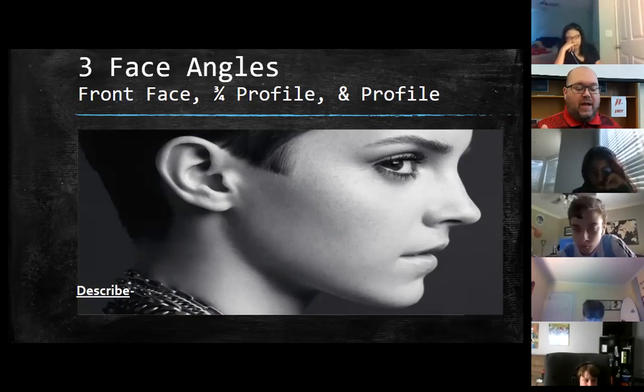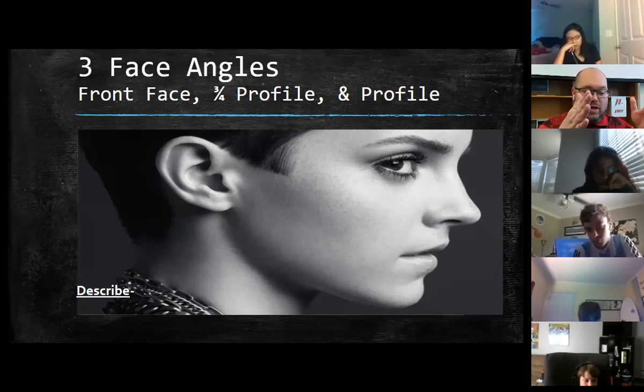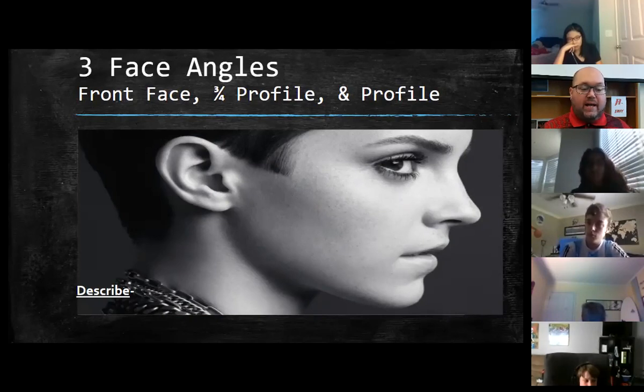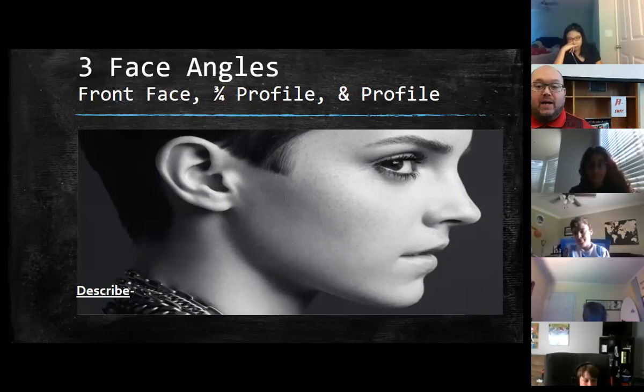So I took her face and I found it in a complete profile angle. The reason being, I took somebody who is arguably one of the more attractive people in the world and put her face in the least attractive angle. And you can look at it and see that it doesn't do good things for her. It doesn't do good things for really anybody.